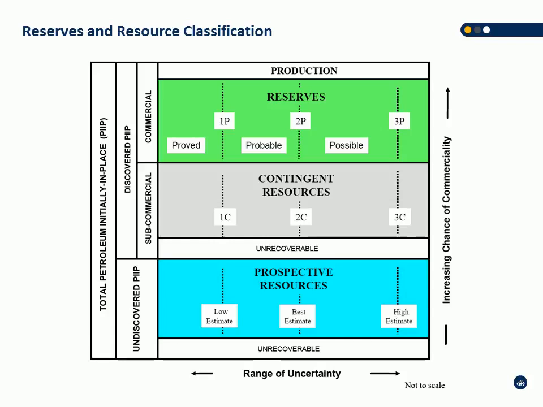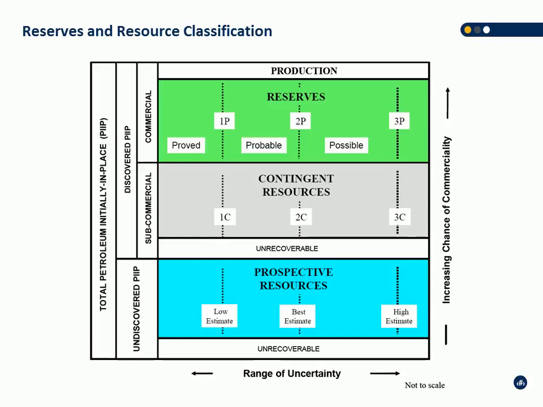And the concept that this really helps show is that the uncertainty applied to the volumes is identical for all three types: reserves, contingent resources, and prospective resources. The level of certainty that you apply to the estimates is the same. The actual volumes that you evaluate should have the exact same degree of certainty.